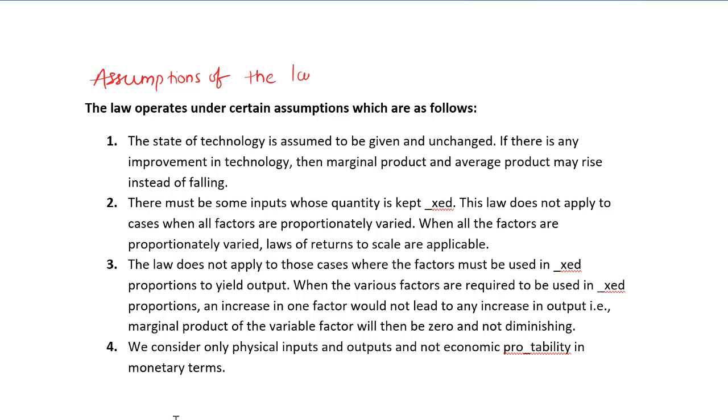Assumptions of the law of variable proportion. The first assumption is that the state of technology remains unchanged. The state of technology is assumed to be given and unchanged.